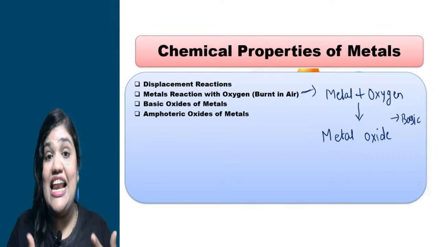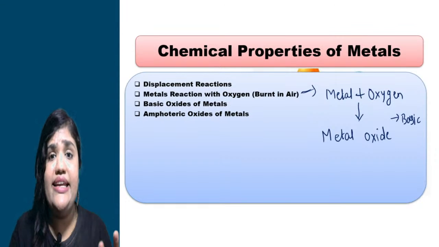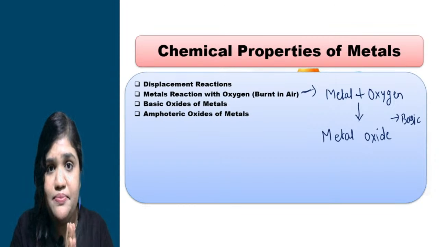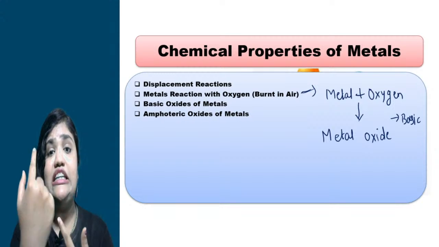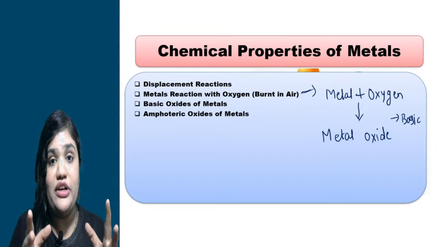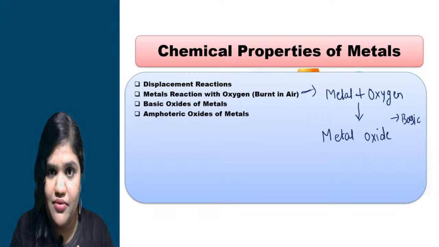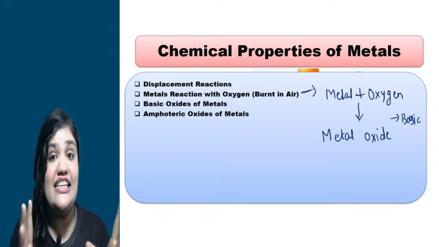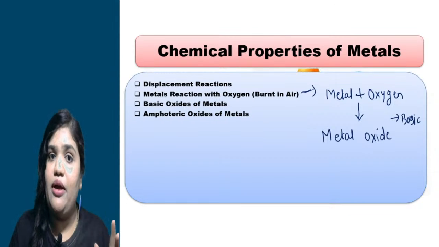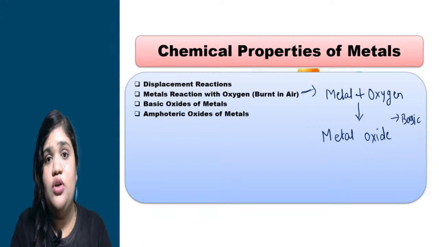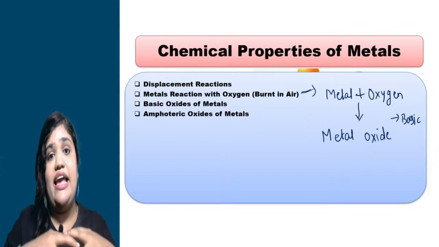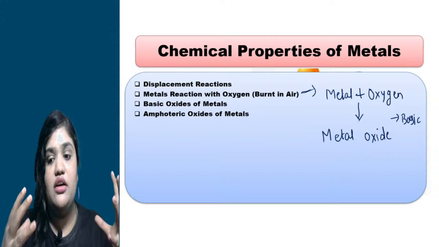Next, metals like magnesium, aluminium, zinc, lead show a slow reaction with oxygen and form a protective layer around them to protect them from what? From corrosion. And some metals show a very vigorous reaction. What kind of metals? Sodium and potassium. We have to keep them in kerosene oil. If we didn't do this, what will happen? They will catch fire, everybody. So this is the vigorous reaction.